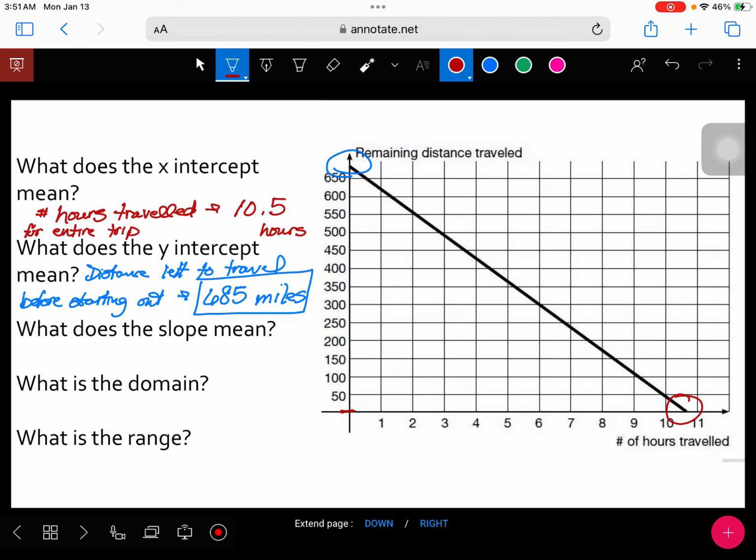So the slope here would be the change in y over the change in x. The change in y is the distance traveled over the change in x, the number of hours.